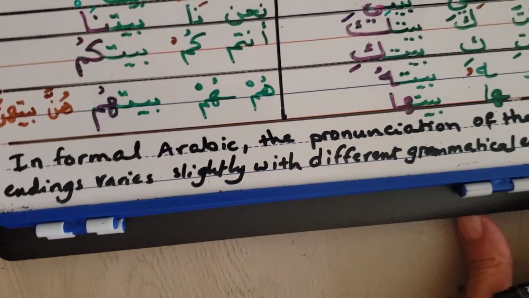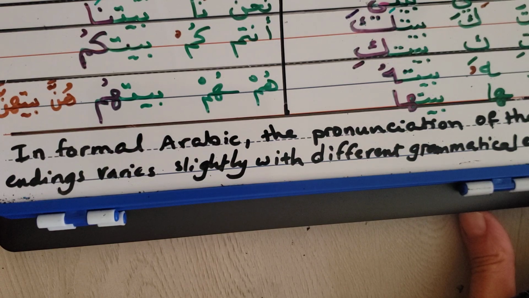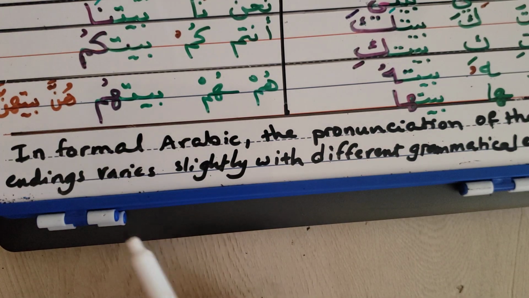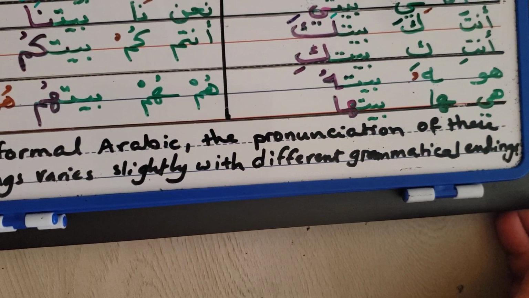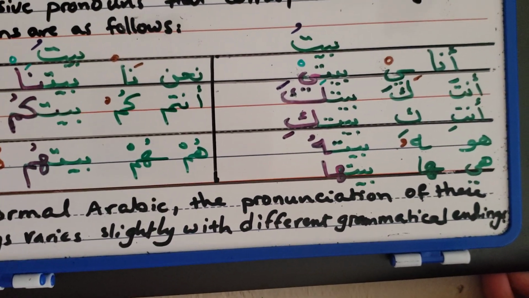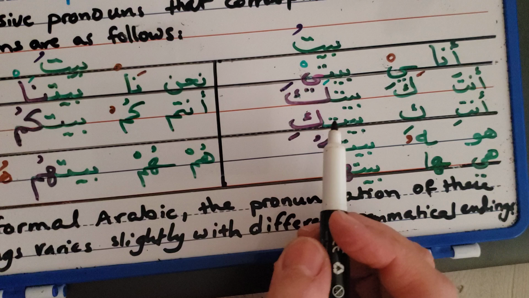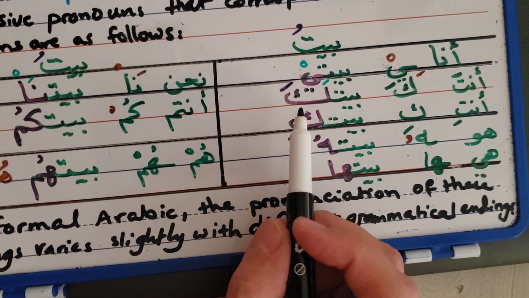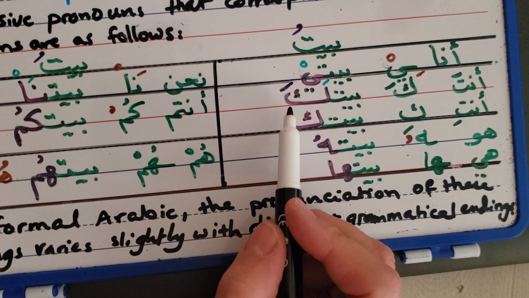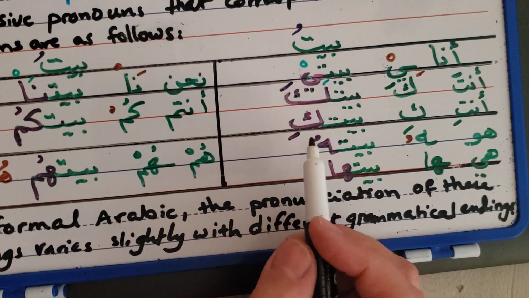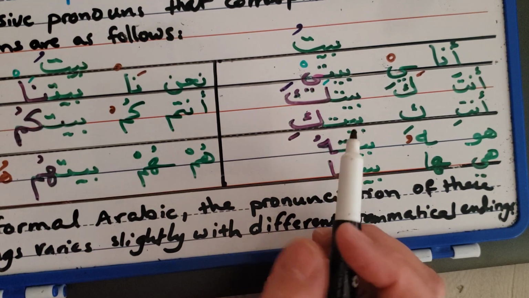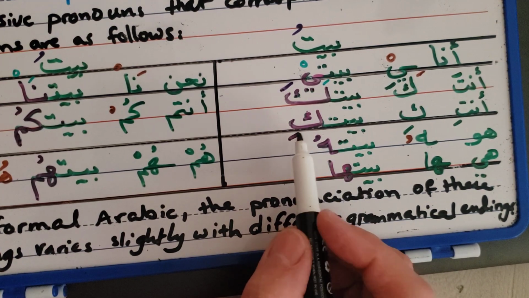Okay, it says here, in formal Arabic, the pronunciation of these endings varies slightly with different grammatical endings. So looking here, if you're talking about your house for a singular masculine, you say بيتك, ka. Whereas for the feminine, your house, singular feminine, second person possessive pronoun, it's ki.